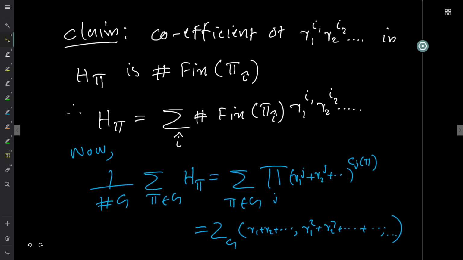So now we can apply the result, that is 1 by order of G summation over all pi belonging to G of S pi is equal to summation over all pi belonging to G of the product over j, which was how H pi was written, r1 raised to j plus r2 raised to j plus etc., to the power cj pi. Now what is this? This is the cycle index polynomial Z of G evaluated at r1 plus r2 plus etc., r1 square plus r2 square plus etc.